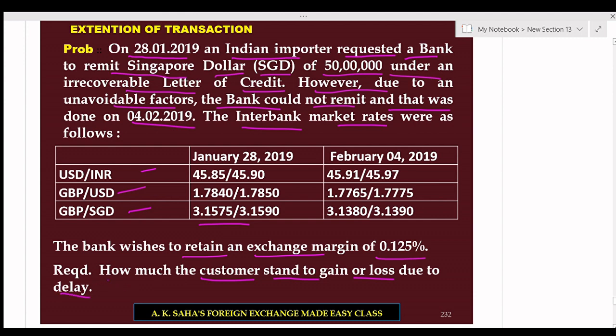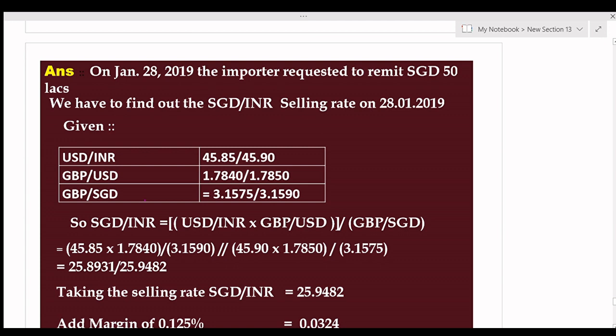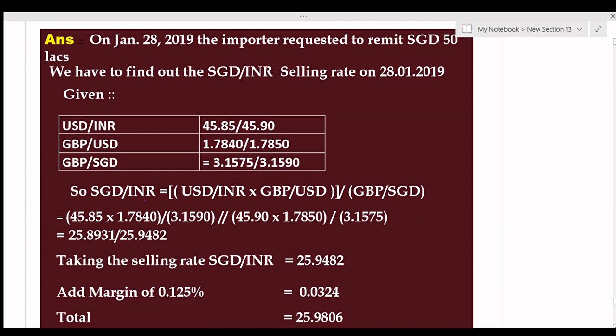Now, here the importer will pay Singapore dollar and the rates given are USD INR, GBP USD and GBP SGD. From these three rates, we have to compute the SGD INR. I have already discussed cross rates. On January 28, 2019, the importer requested to remit SGD 50 lakhs.